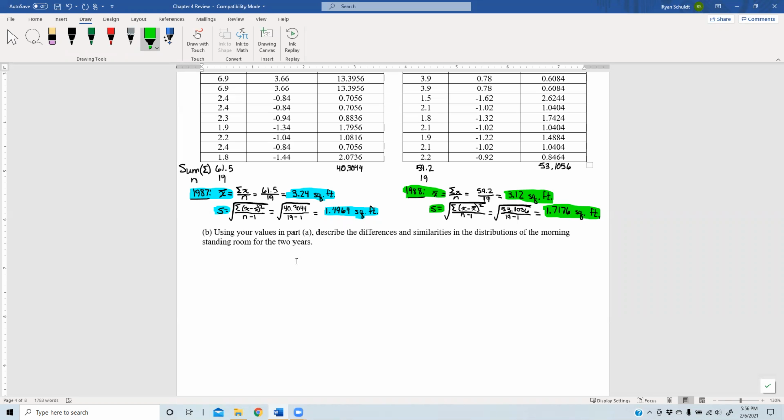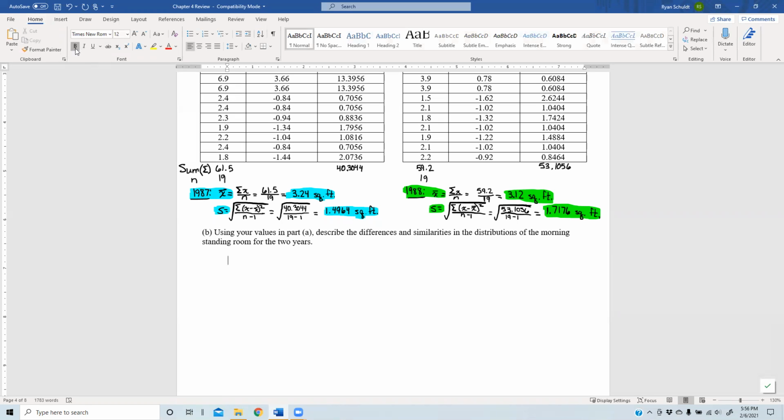So let's put all that into some text here. So they have approximately the same square footage of space in the mornings.